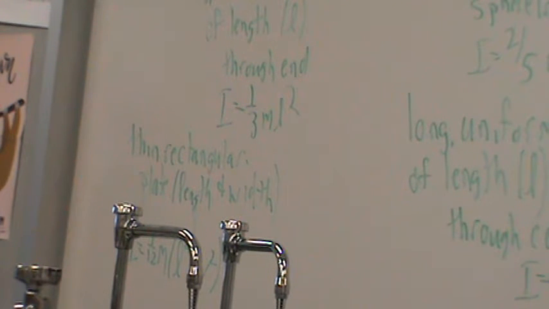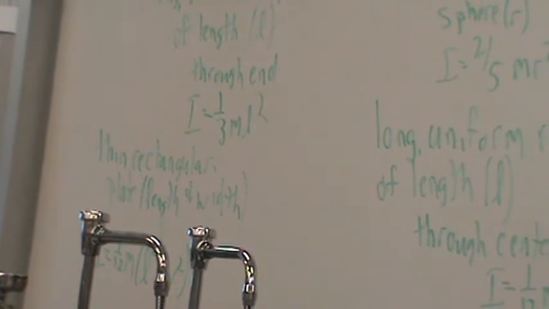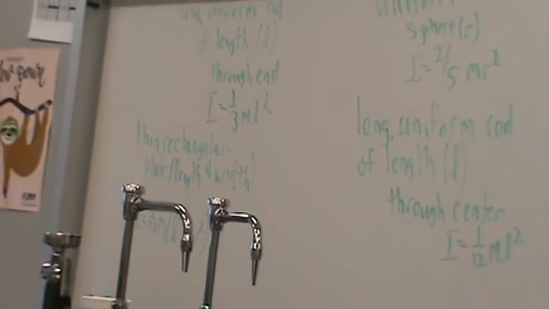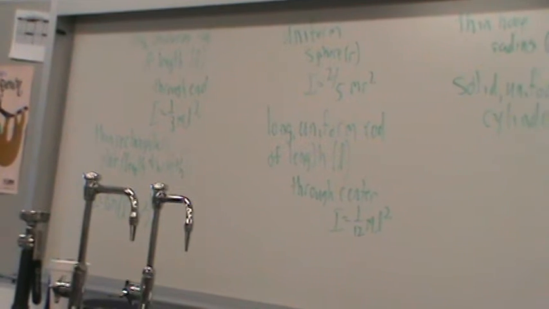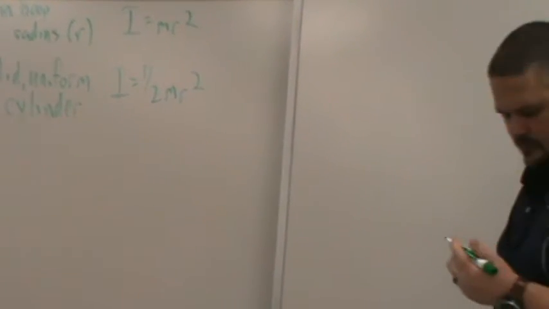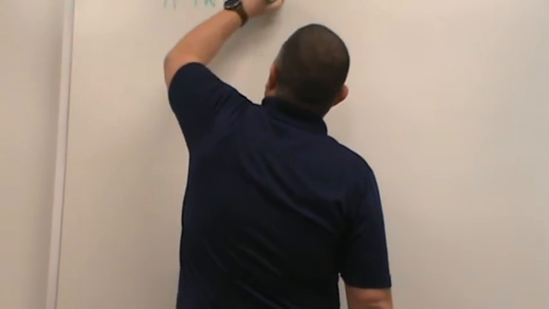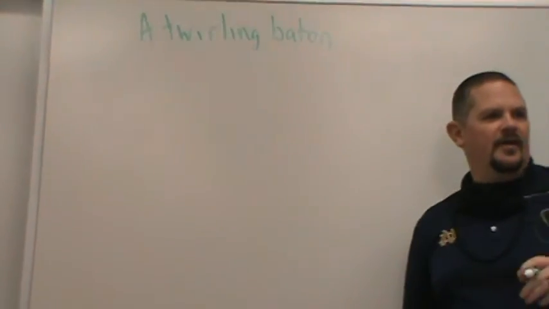Okay, let's look at an example of finding inertia for an object. The object that we're going to look at is a twirling baton.